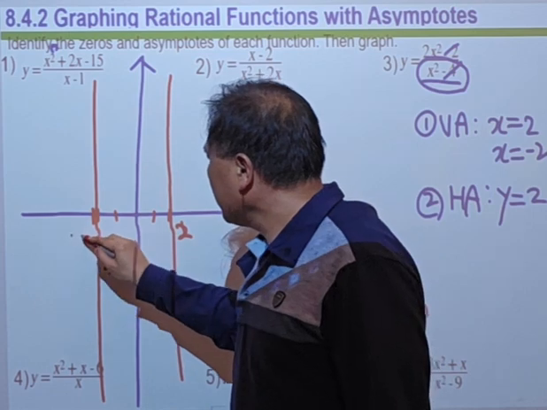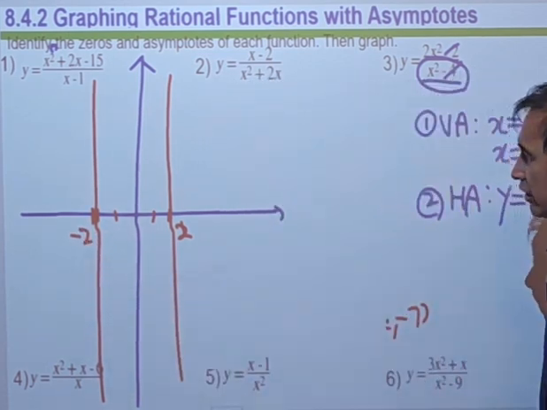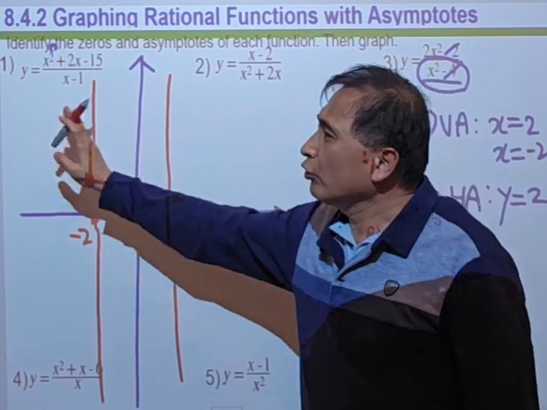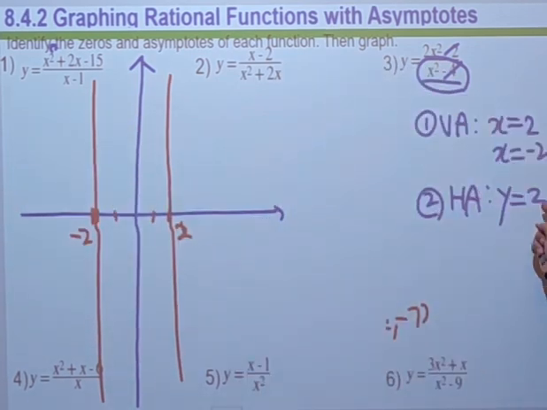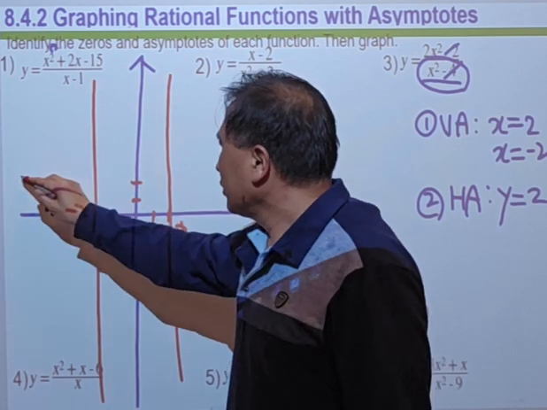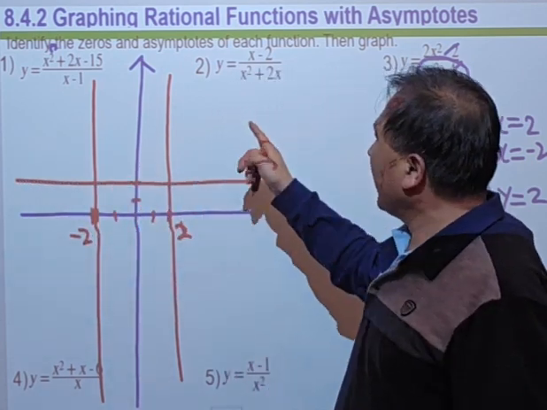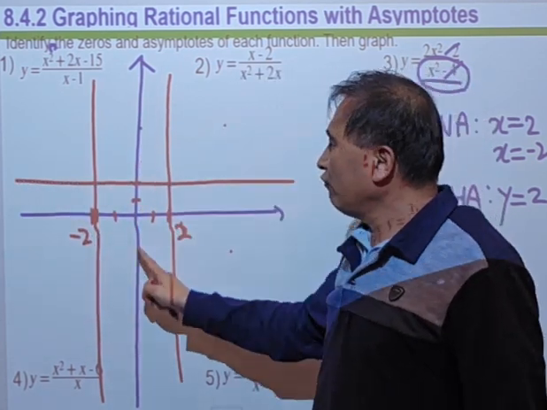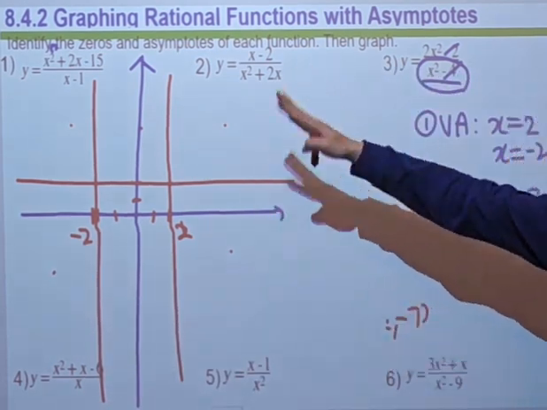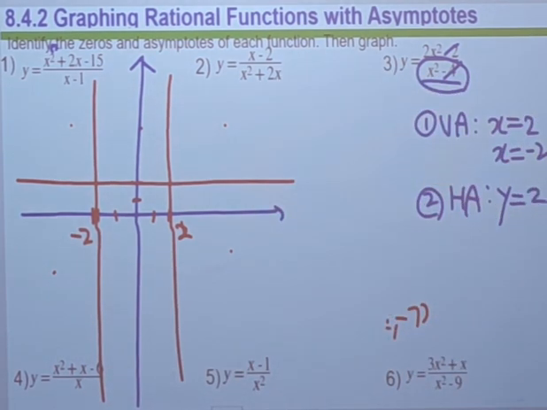That's a 2, that's a -2. This particular asymptote divides this plane into 1, 2, 3 sections. But now y equals 2, this line, with those other lines gives 1, 2, 3, 4, 5, 6 sections. So the plane is divided into 6 sections.